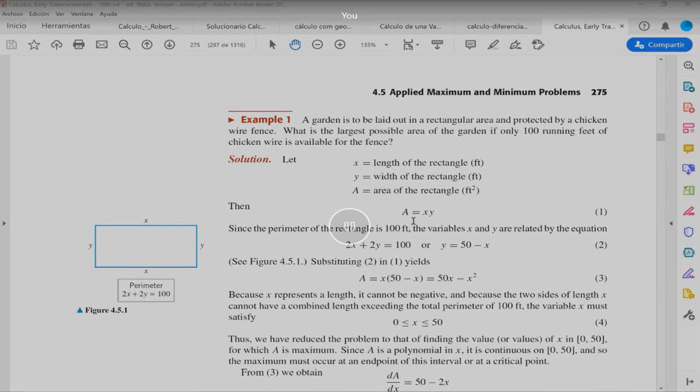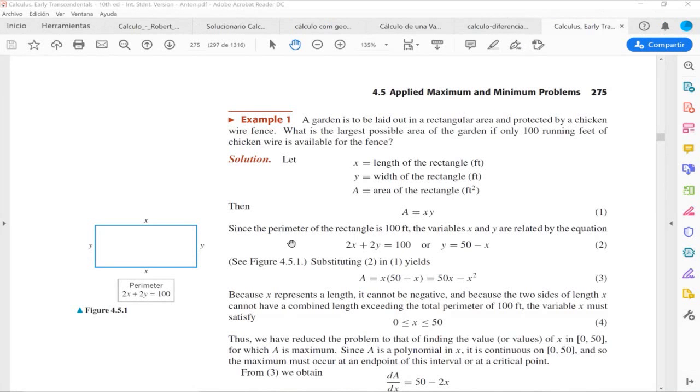Then it names this X and it names this Y. But here it says that you have 100 feet of wire. It means that this plus this plus this plus this is just 100.